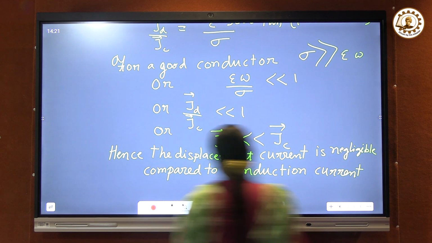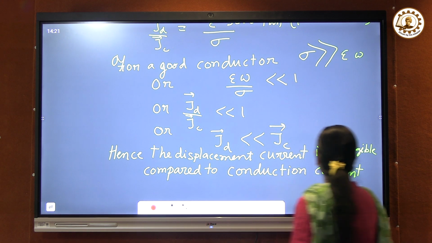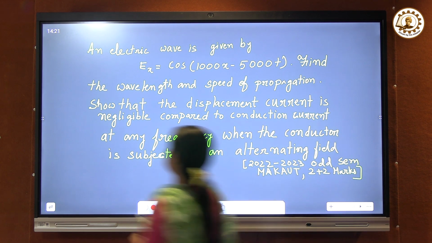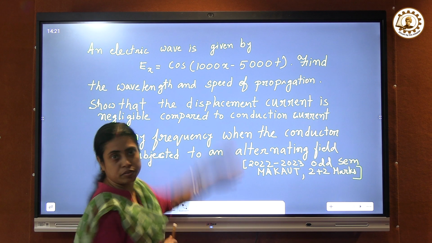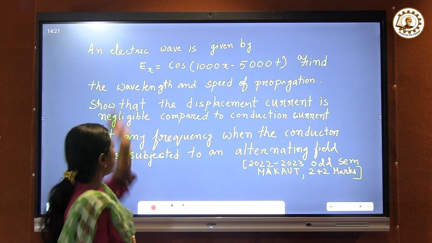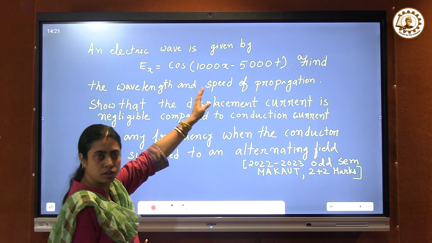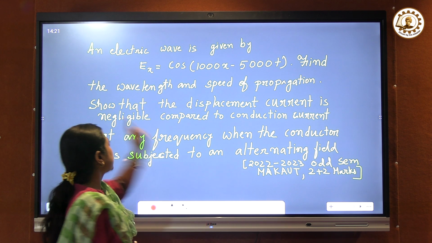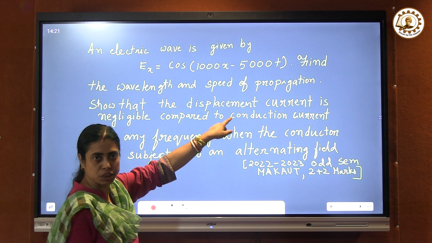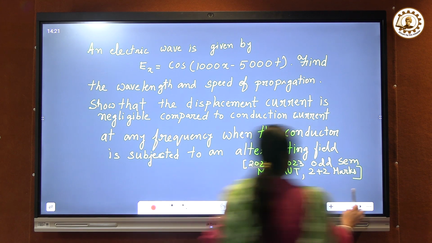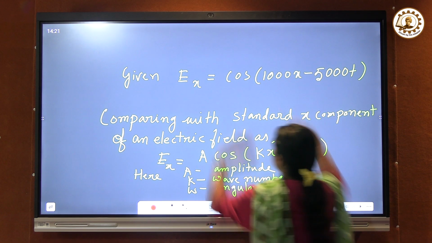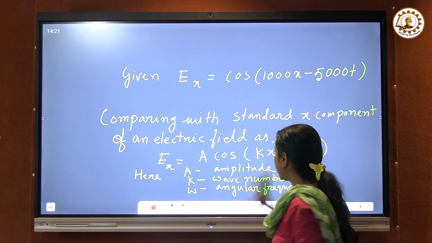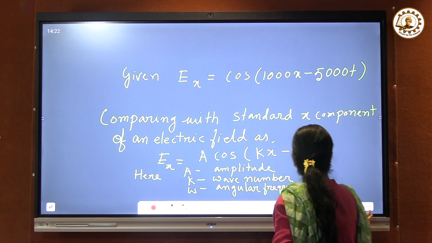So let us have a quick recapitulation of what we have done here and the important things that we need to learn from this type of problem. They gave us an electric field, and they gave us two questions: calculate the wavelength and speed of propagation first. First we compared this equation with the standard electric field x component and wrote all the terms.